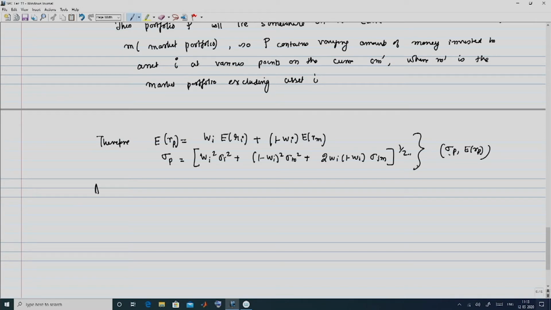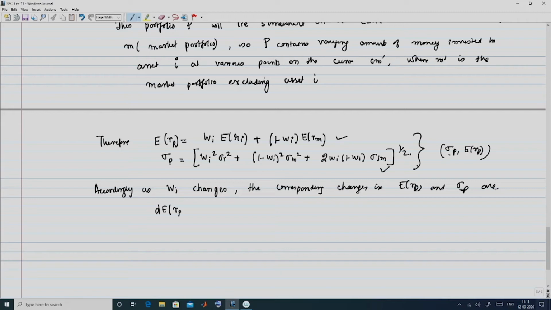Okay. Now, accordingly, as W I changes, remember that W I is the weight of asset I in portfolio P, the corresponding changes in E R P as defined here and sigma P as defined here, what are these going to be?